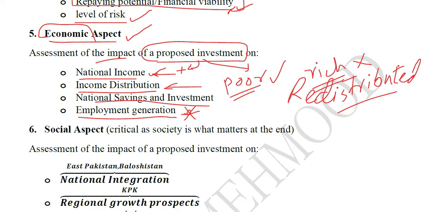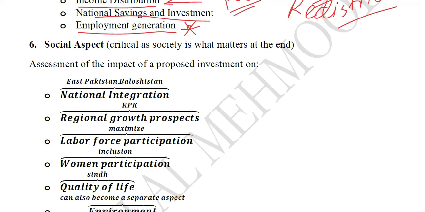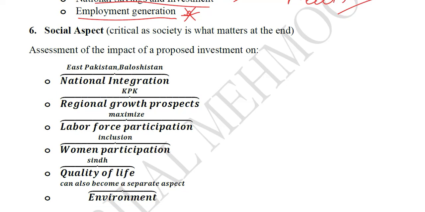So social aspect is another thing that we need to consider in our project, and society is definitely composed of the people, and if people can benefit from a project, this would be the best thing that we can do with the help of a project, because what is the benefit of the economic growth if it cannot be translated into the lives of the ordinary people?